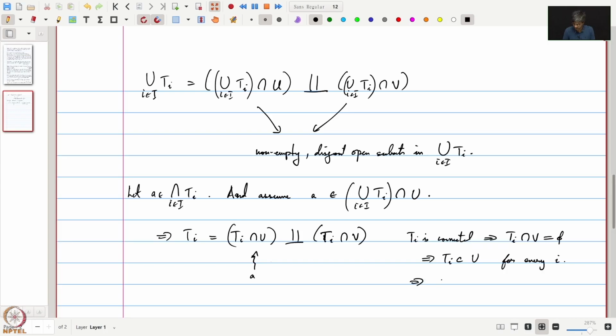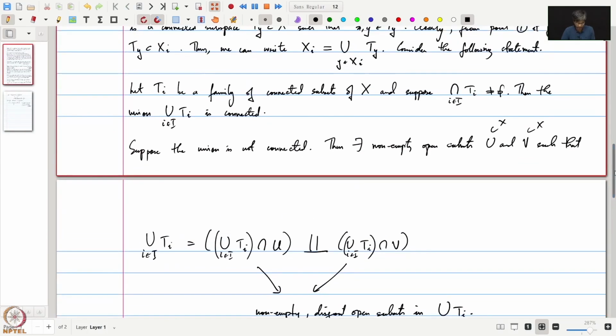So this implies that this union of Ti intersected with V is empty, which is a contradiction. So this intermediate lemma tells us that this union is connected when all the Ti's are connected and their intersection is non-empty. Right? So now we will apply this to our situation.